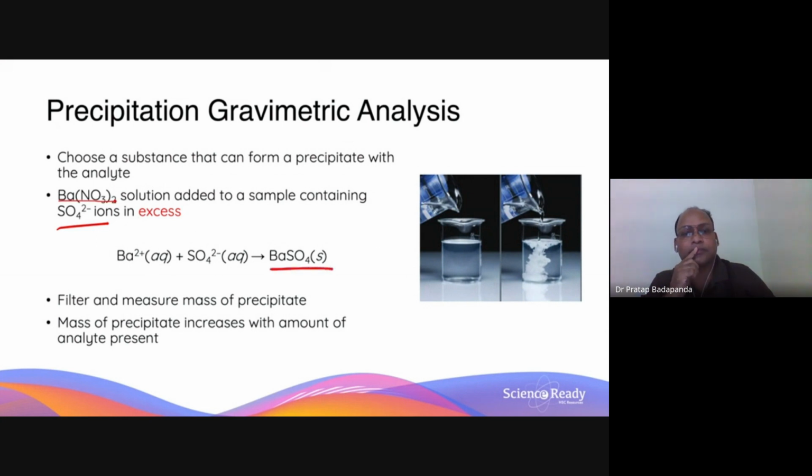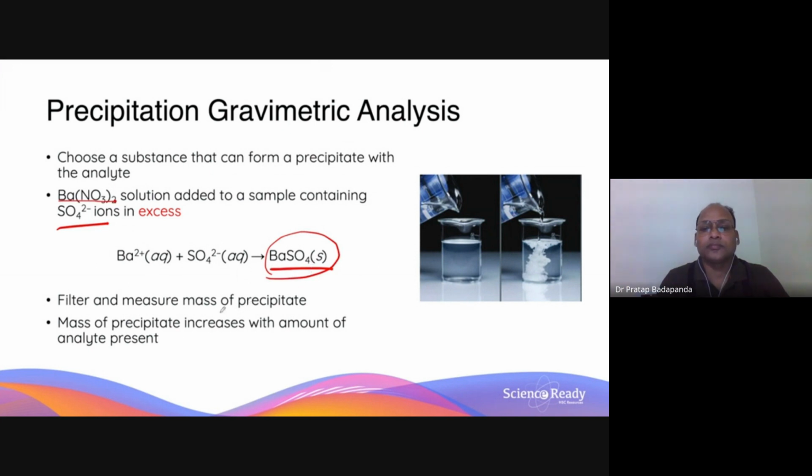This is shown in the picture on the right. It is important to keep in mind that barium nitrate must be added in excess to ensure that every sulfate ion reacts to form the precipitate of barium sulfate. Otherwise, when we measure the mass of the precipitate, we will underestimate the amount of sulfate ions present in the solution.